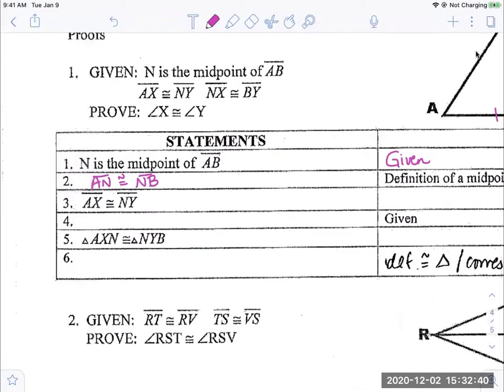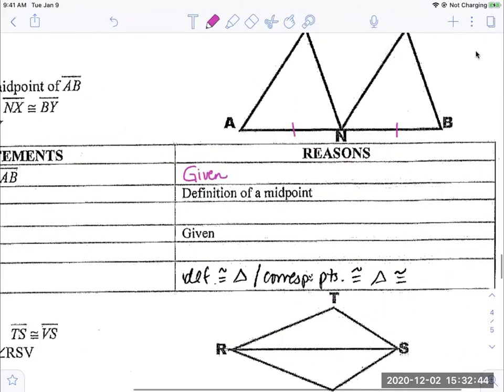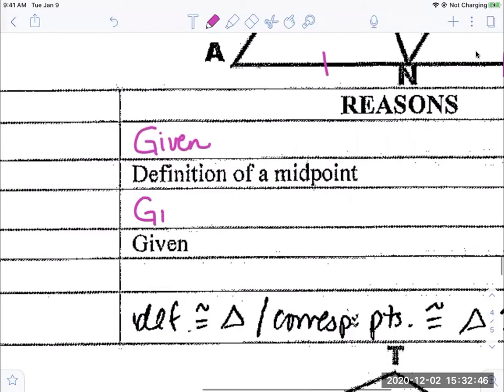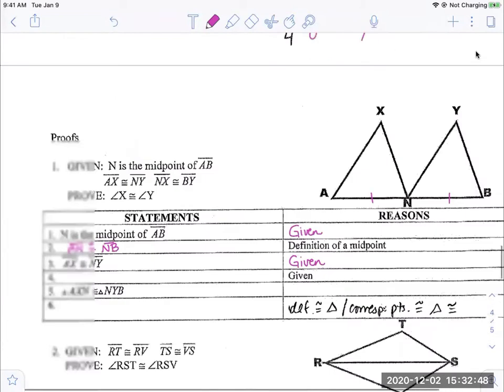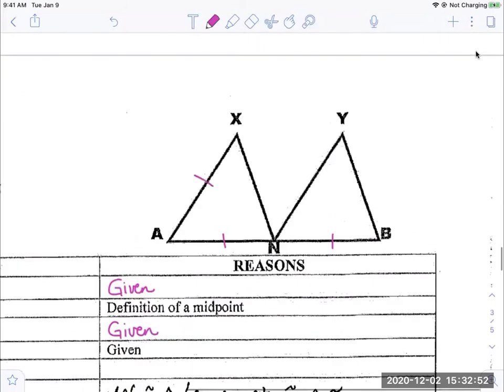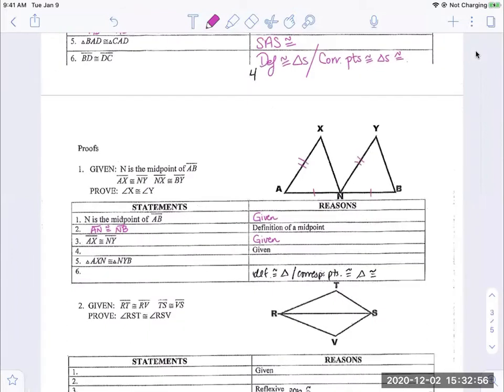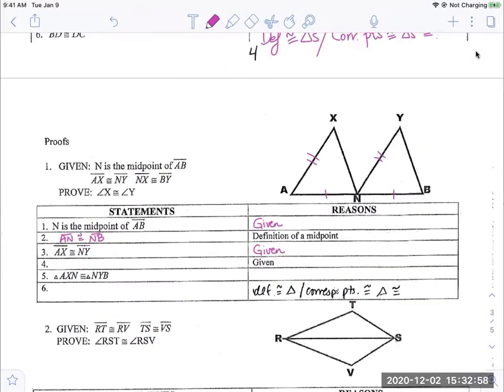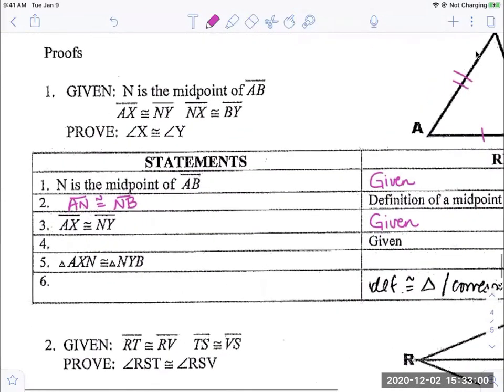Then we have a given here, a segment AX is congruent to segment NY, so that's given. Let's make sure we mark that on the picture. Segment AX is congruent to segment NY. And then segment NX is congruent to segment BY is the other given.